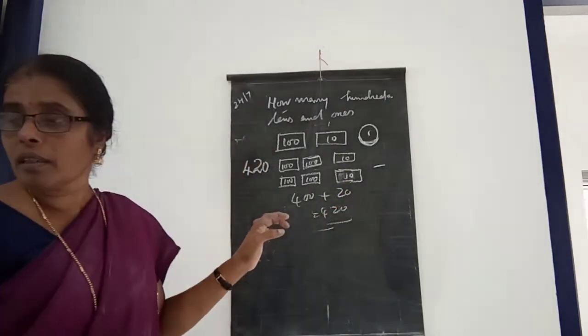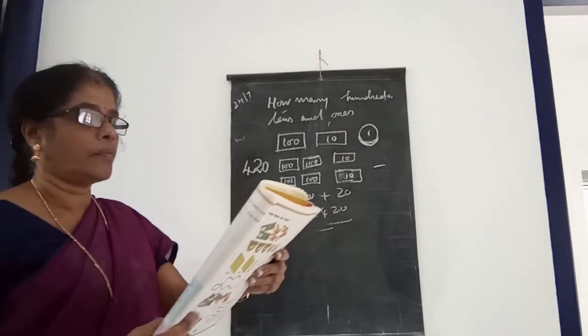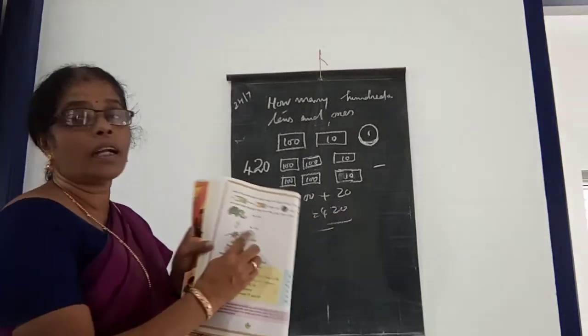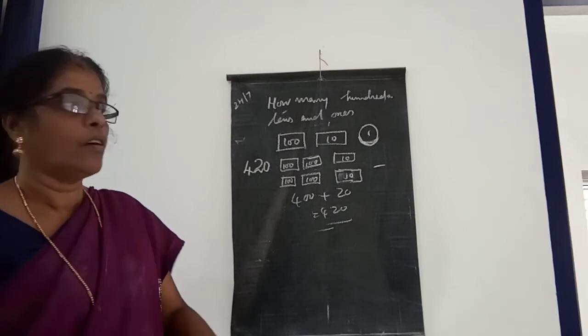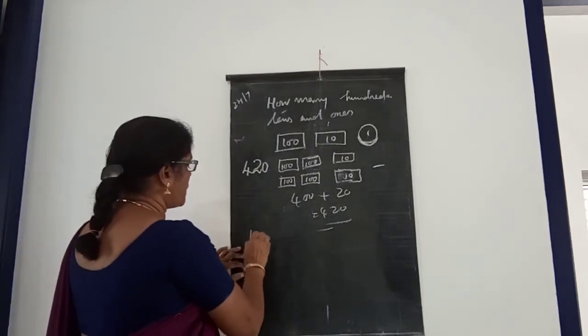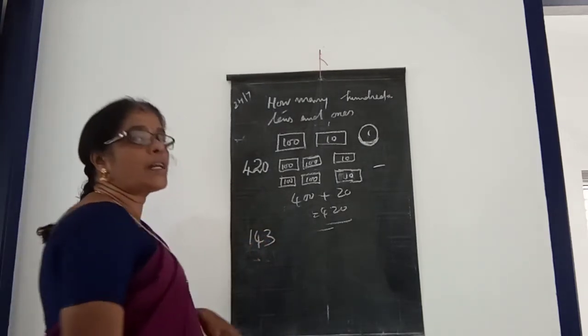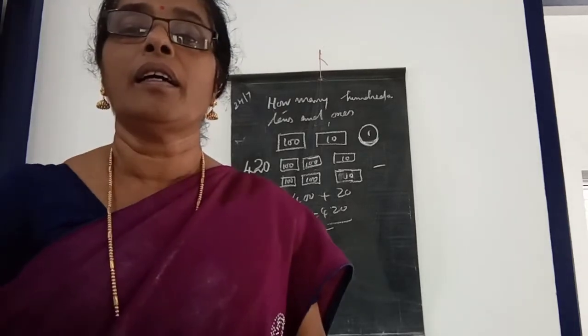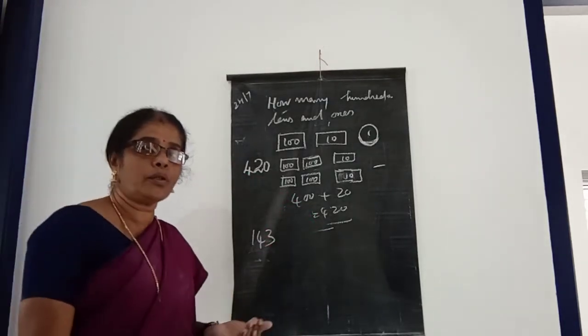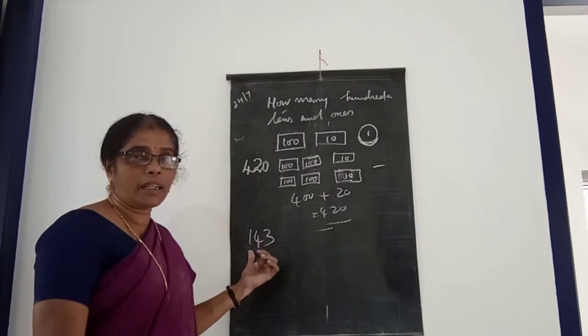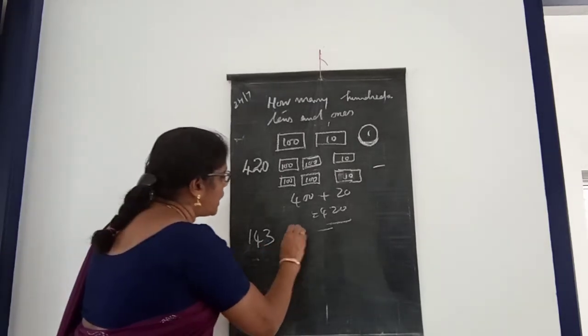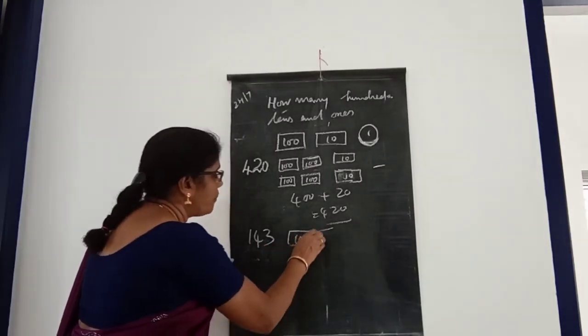Then the second one here, A started giving 143 rupees. 143 rupees means how many hundreds in that? How many 100 rupees needed to give? Yes, 100, isn't it? So you draw a 100 rupee note.